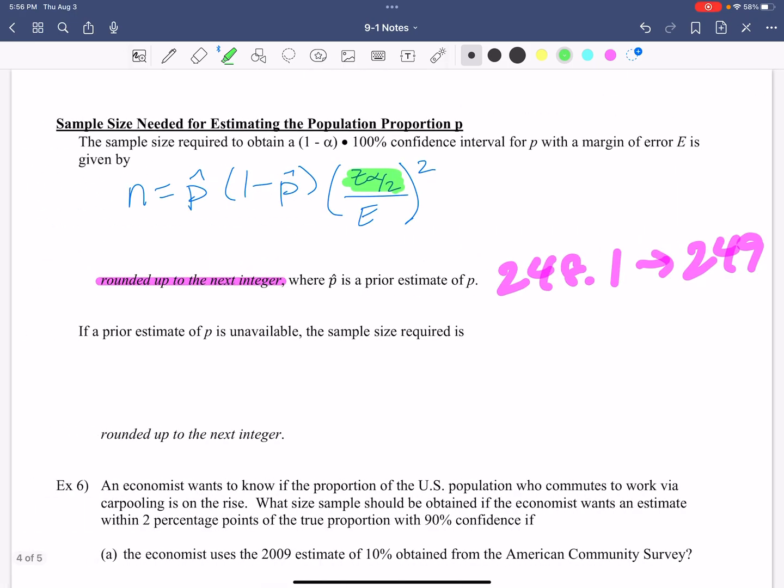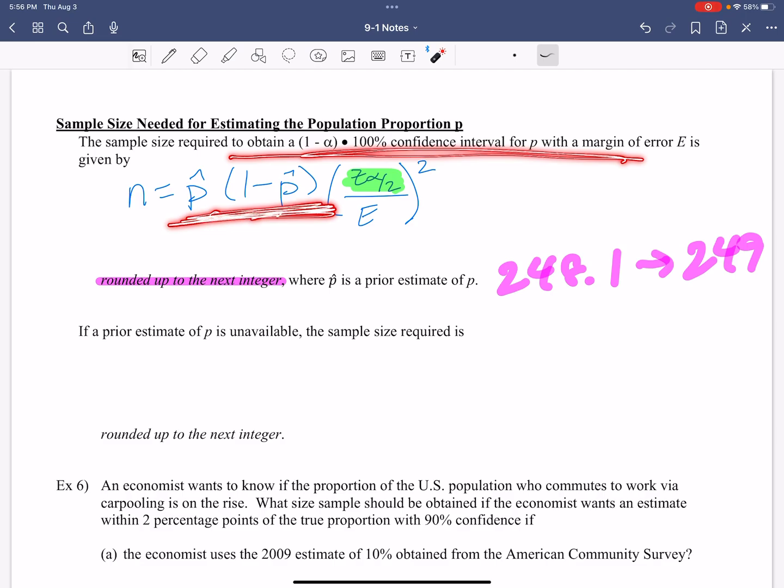Now you can do this sample size in StatCrunch. There's a couple of things to do in StatCrunch that I think make it more difficult. I think the formula is easier to use, and that's why we're going to just use the formula. So given that you have a prior sample, you already know some information about your sample size, then you use this first one.